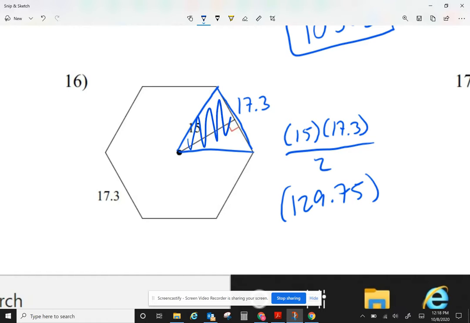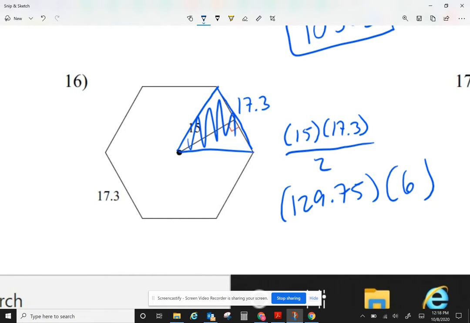That is this triangle. I'm going to multiply this by 6. I know I can come out with 6 triangles because the polygon had 6 sides. So I'm going to take the area of one triangle times how many triangles I can come up with, and the amount of triangles is the same as the number of sides on the polygon.